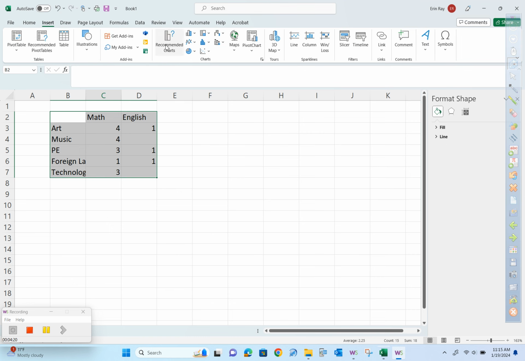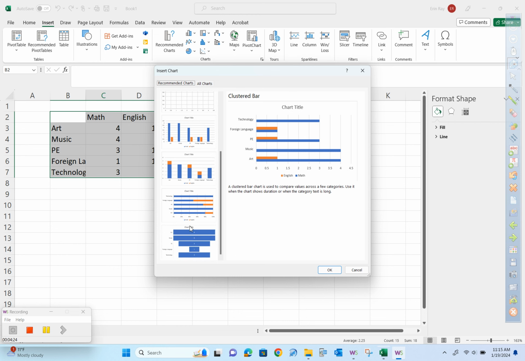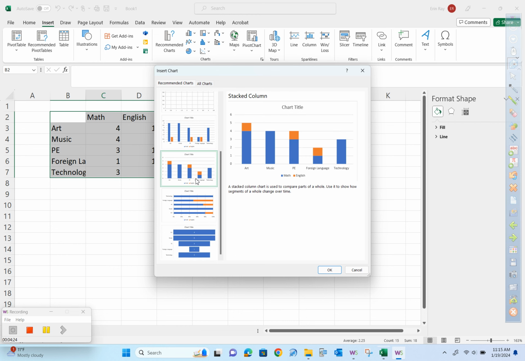On the recommended charts, you'll see stacked bar graphs going horizontally here and going vertically here. But if you click on this, notice the bars are different heights because it's talking about the frequency. This is just a stacked column. It doesn't give us 100% stacked vertically, it just gives it horizontally.